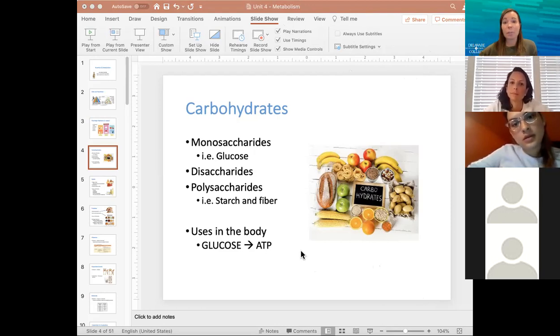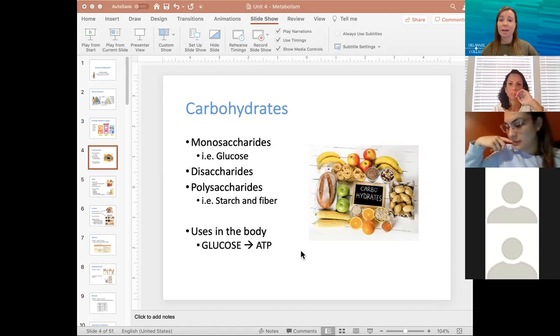So the next thing we'll talk about is basically what percentage of your diet should consist of carbohydrates. And then we'll talk about the same thing for proteins, fats, and the micronutrients. And this is based on the dietary recommendations that are published by the US government.